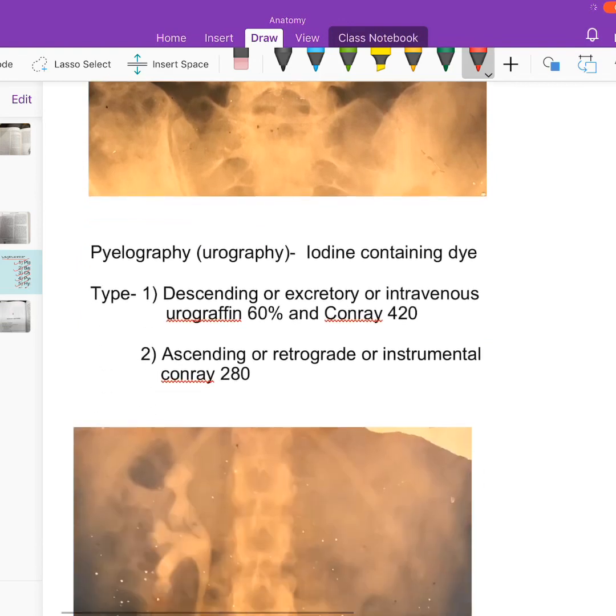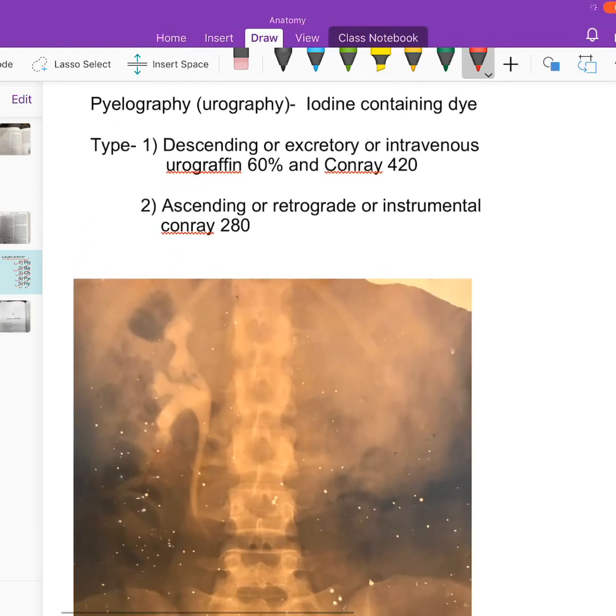Now come to the next radiograph to visualize the urinary tract. This dye also contains iodine, and this radiograph is known as pyelogram. This pyelogram is also of two types. First is descending and second is ascending.